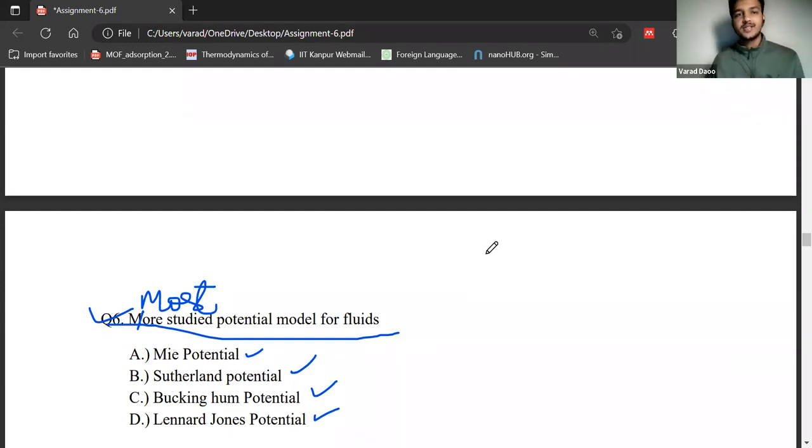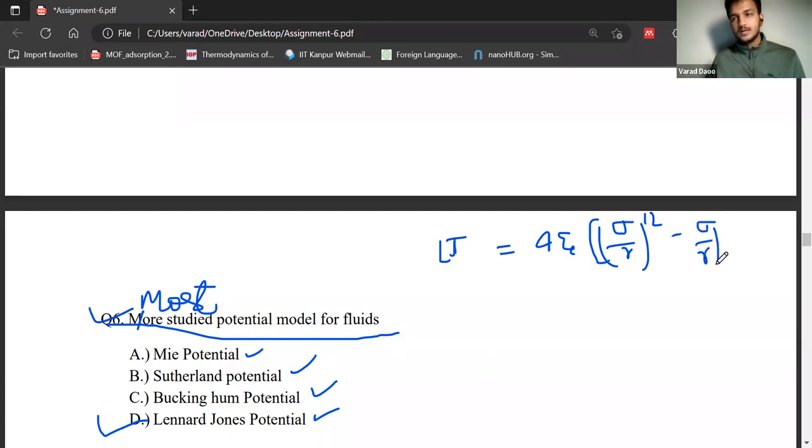Okay, so anybody got any answer? Correct answer is obviously going to be Lennard-Jones. What is LJ potential? It is nothing but 4 epsilon times sigma by r to the power 12 minus sigma by r to the power 6, right?